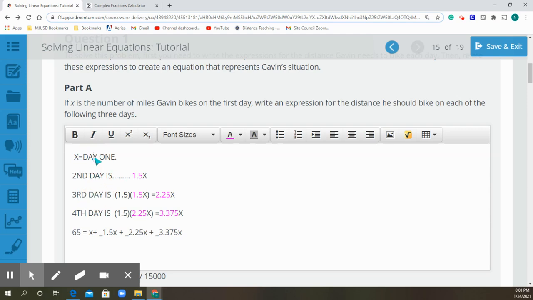expression for day 1, x, expression for day 2, 1.5x, expression for day 3, 1.5x times 1.5x, expression for day 4, 1.5x multiplied by 2.25x. So we're just taking what that expression equals. So that's an expression, that's an expression, that's an expression, and putting them where they go.